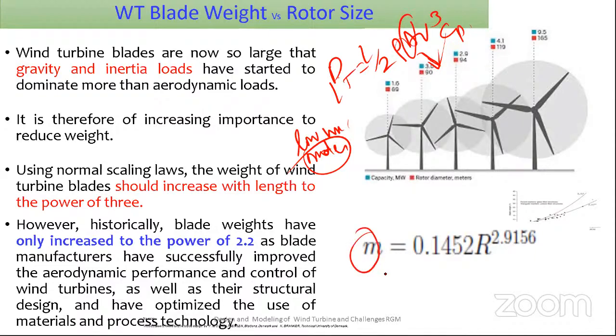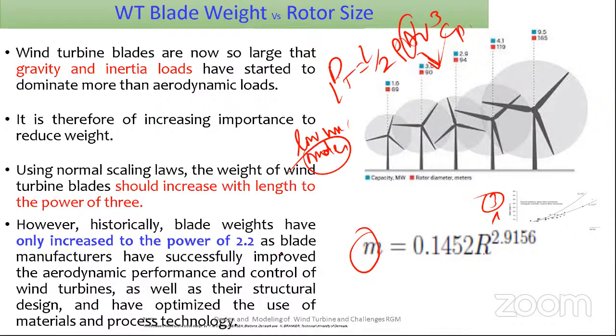So the mass of the rotor should scale as 0.145 times length to the power of 2.9, instead of 3. In this connection, you have to maintain the weight using the scaling laws.